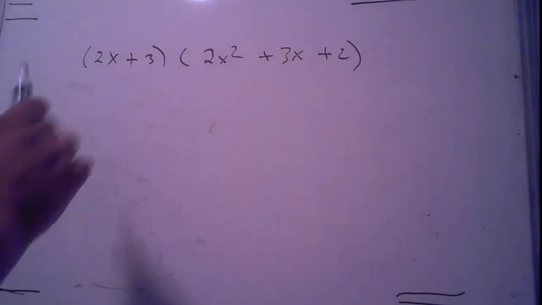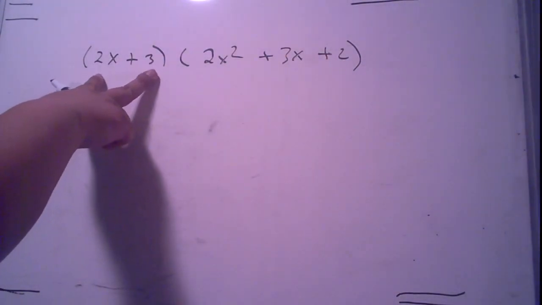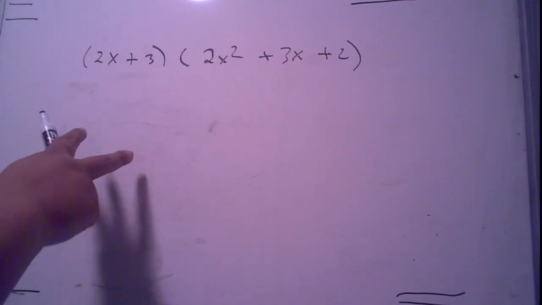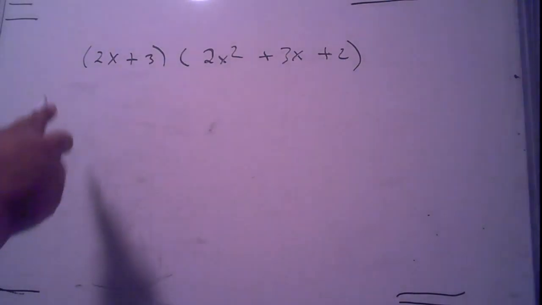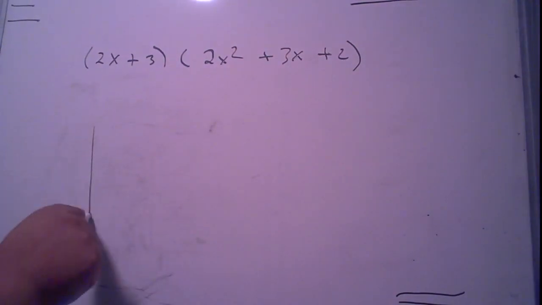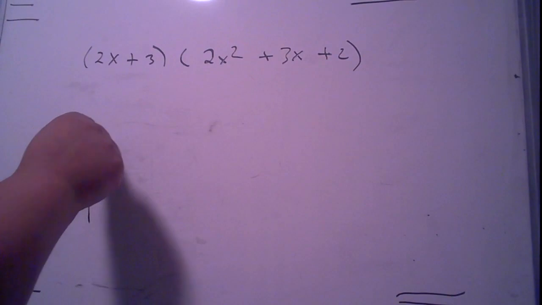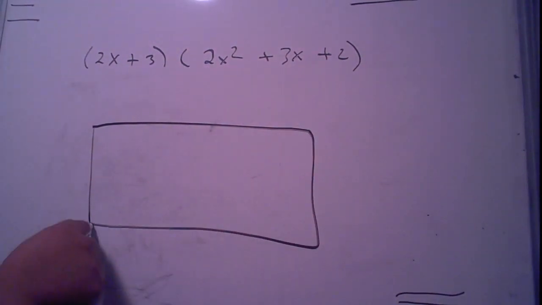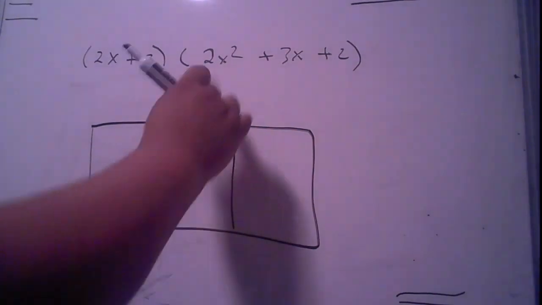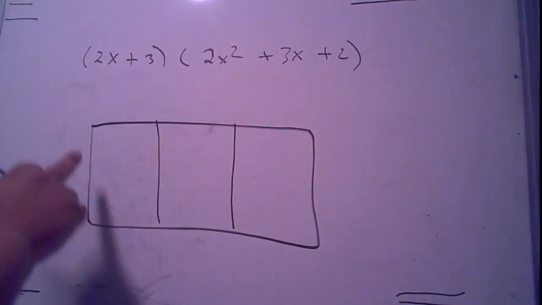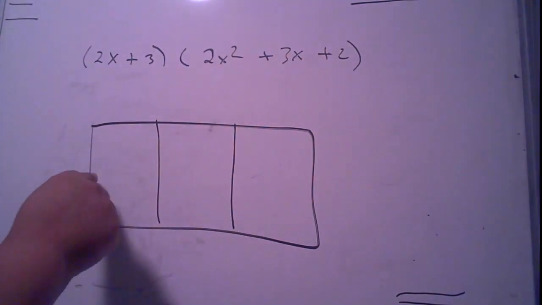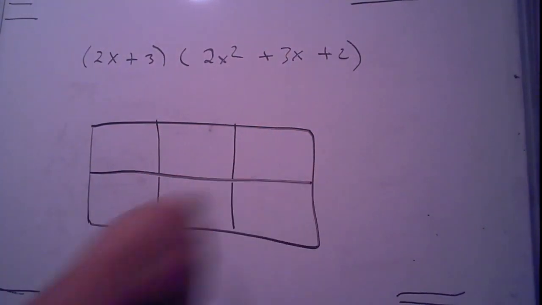All we have to do is make a box for each term. For example, here we're going to draw a rectangle and divide it into 3 columns, because we have 3 terms here. And how many rows? We have 2 terms, so we're going to divide it into 2 rows.